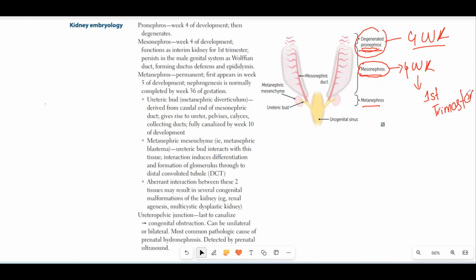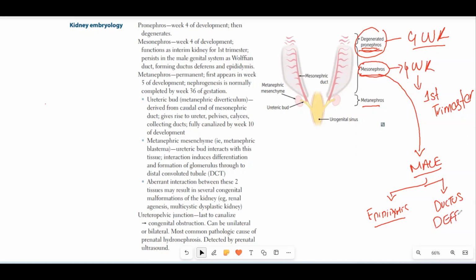The mesonephros remnant in males gives rise to the epididymis and ductus deferens. This mesonephros remnant has no role in females.